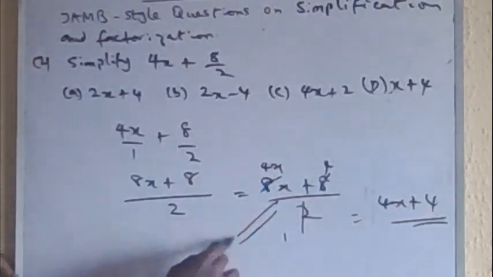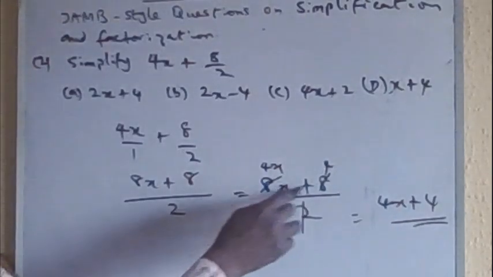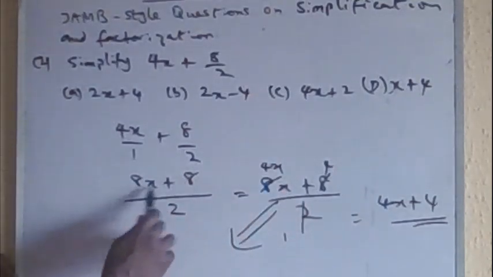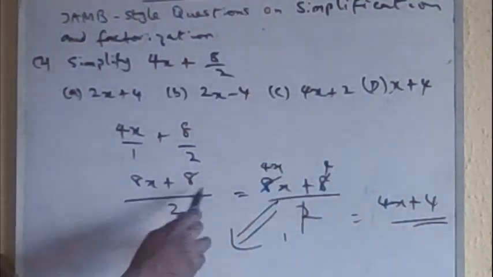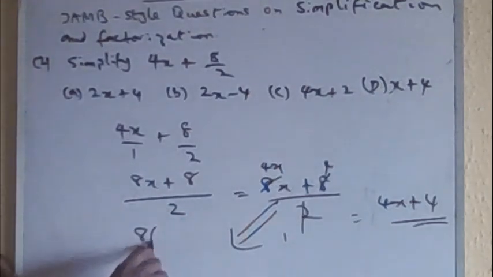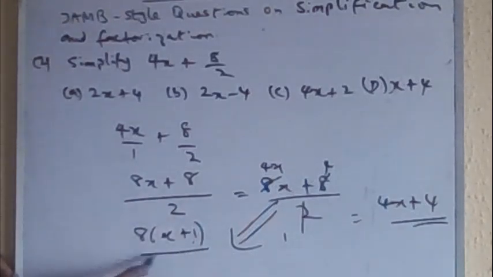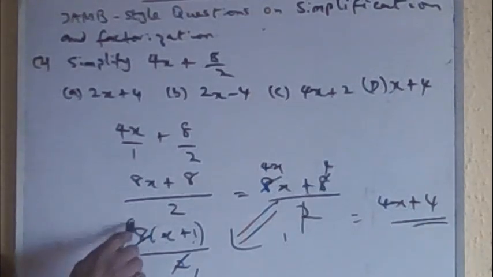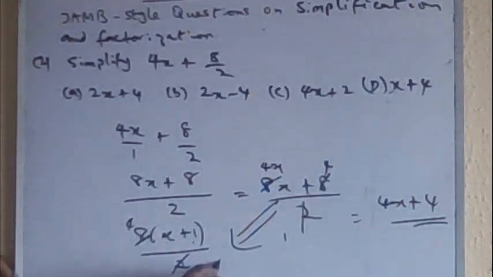Or look at it this way: I can decide to take out the common term, which is 8. So I have x plus 1 inside, because 8 times x is 8x and 8 times 1 is 8, all over 2. 2 into 8 is 4, so 4 outside can still multiply, and I can have it as 4x plus 4.